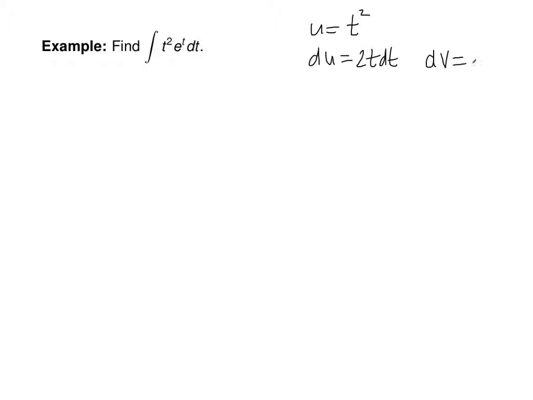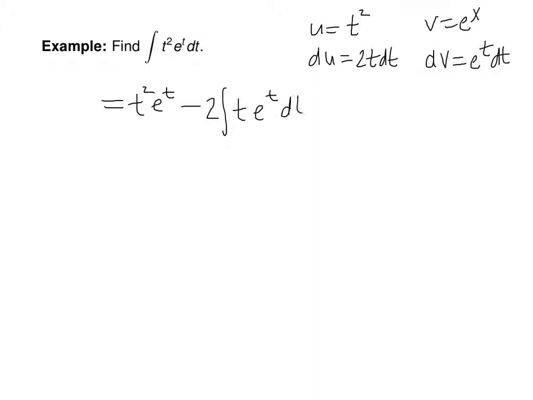If we let dv equal e to the t dt, then v will equal e to the t. So the integral of t squared e to the t is equal to uv, so t squared e to the t, minus the integral of v du, so 2t e to the t dt.